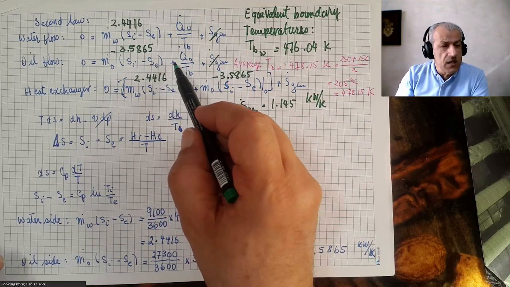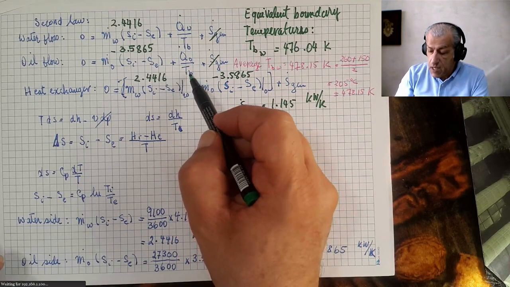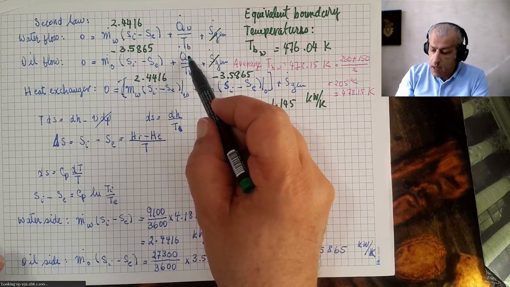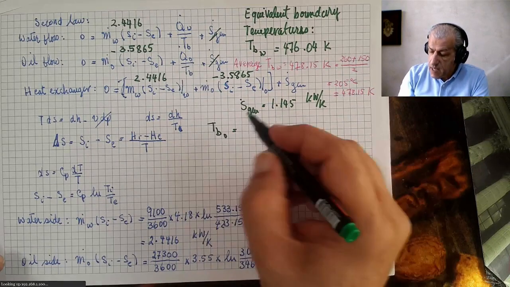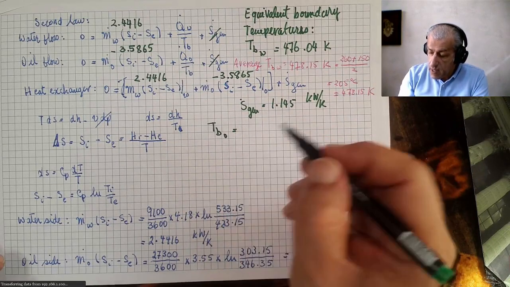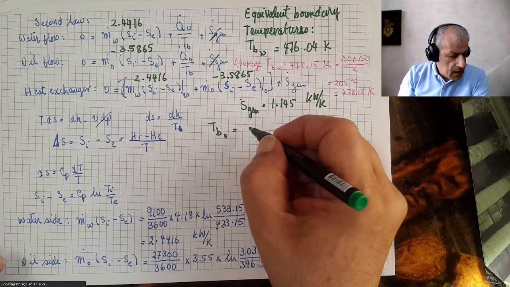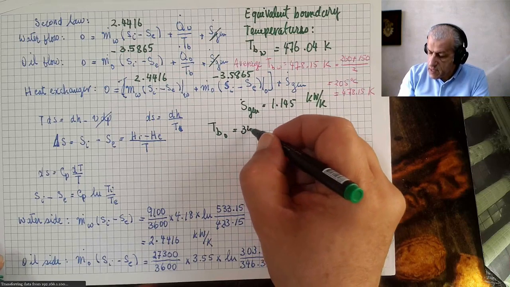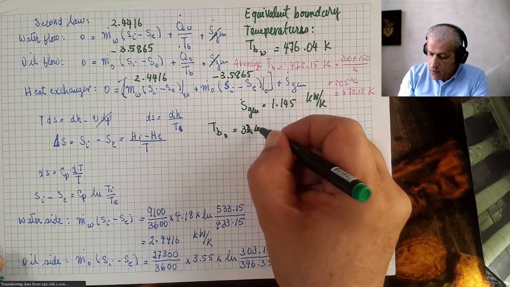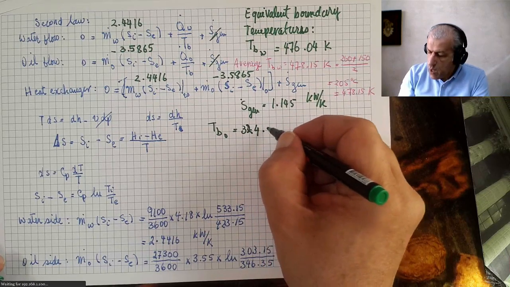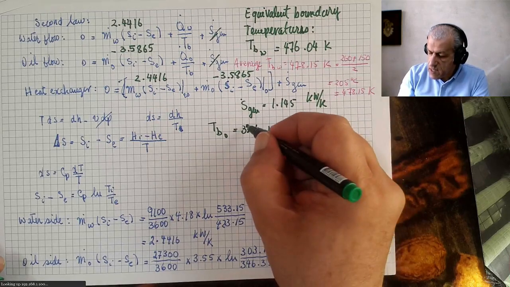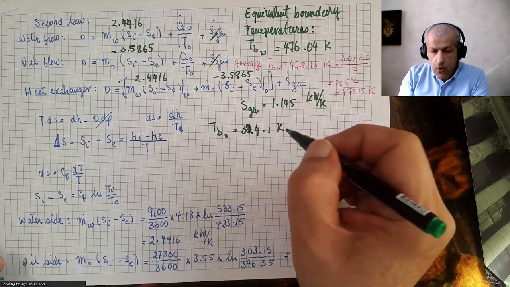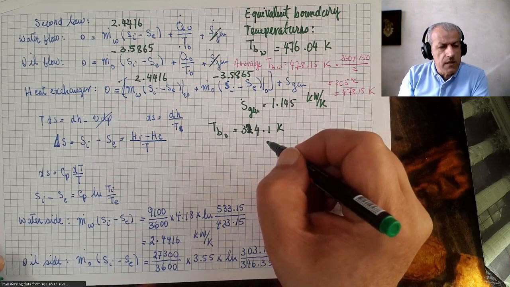Also, we could calculate an equivalent boundary temperature, TB for oil, from this equation. Just put 1162 here and calculate TB, and TB for oil as equivalent would be 324.1 kelvins.